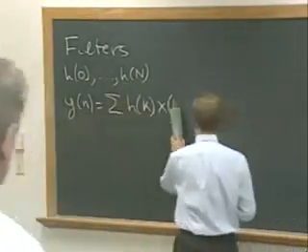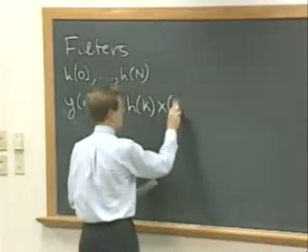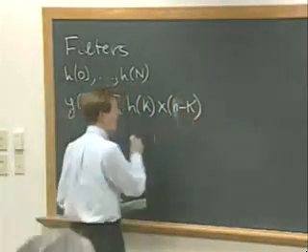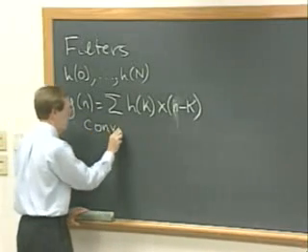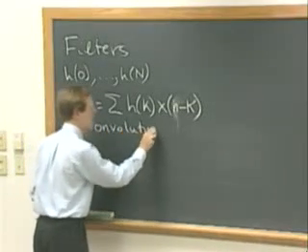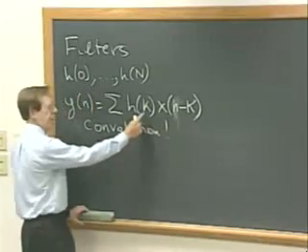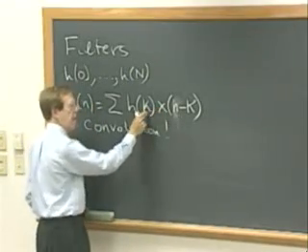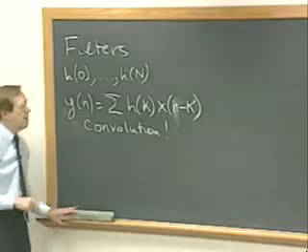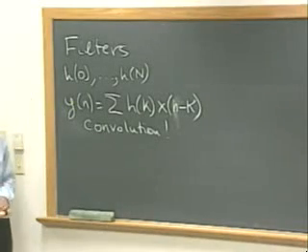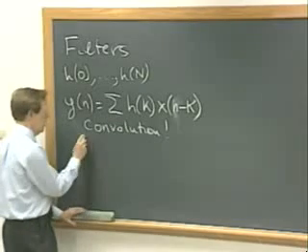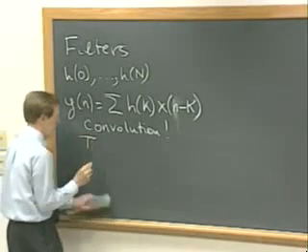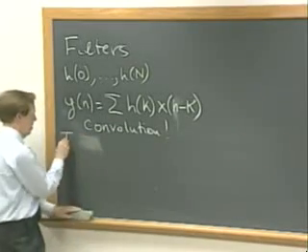That's the simplest algebraic expression, and of course we recognize it as a convolution. It has this magic combination where that index plus that index equals that one, so we identify it immediately as a convolution.